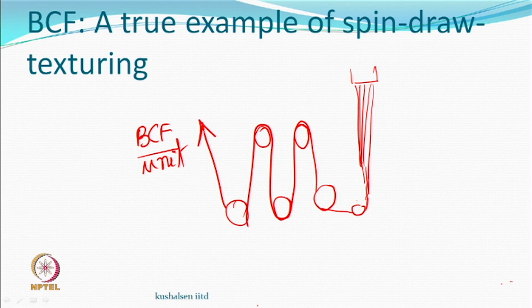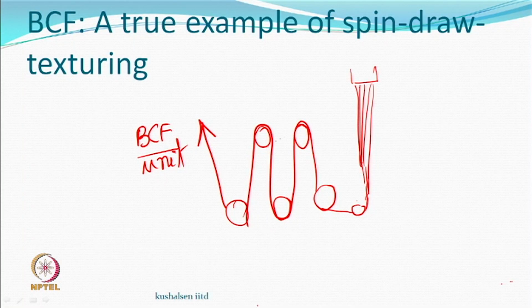Why do we do that? Why couldn't we do this with the other technologies? It is because their speeds of texturing are close to, the best of the best would be close to 1000 to 1200 meters per minute. The spin draw technology, all right, operates close to 4000 meters per minute.